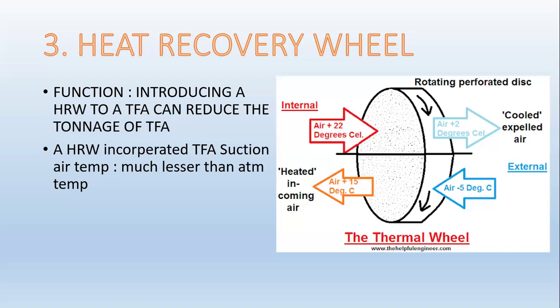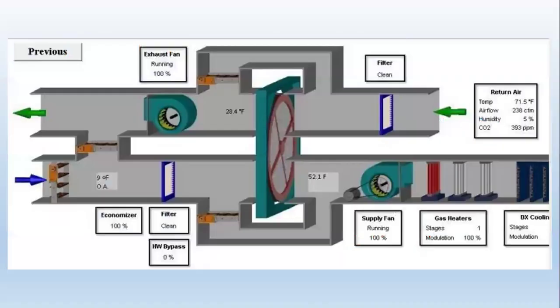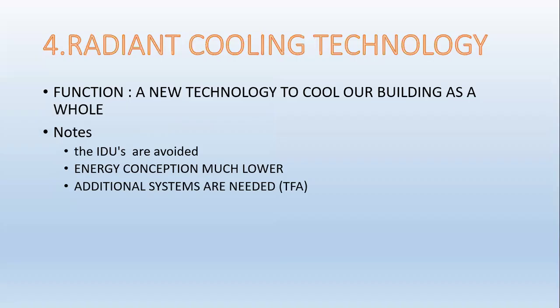Because here the entire masonry elements of the building are covered with pipelines, and these pipelines are terminated onto a conventional chiller. In this RCT you obviously don't have any indoor units, so that is the point here. You can see the IDUs are avoided.